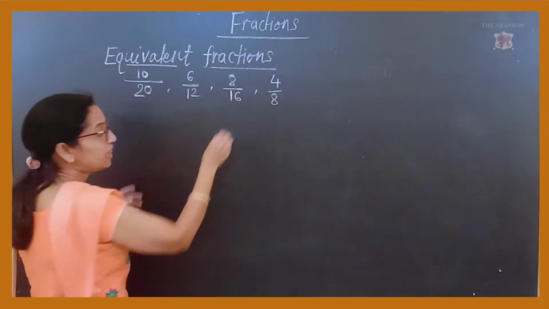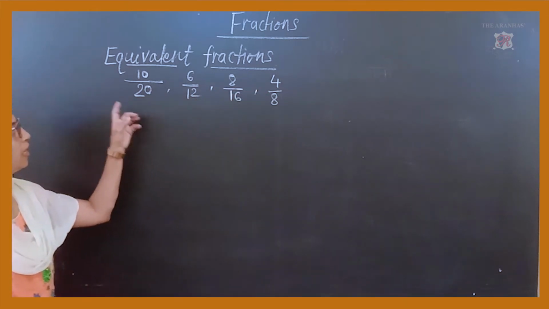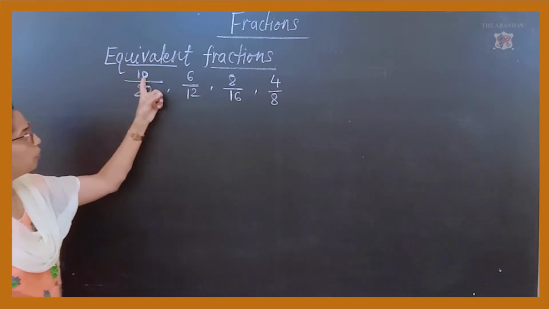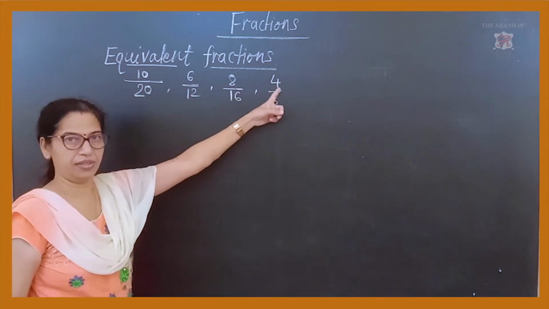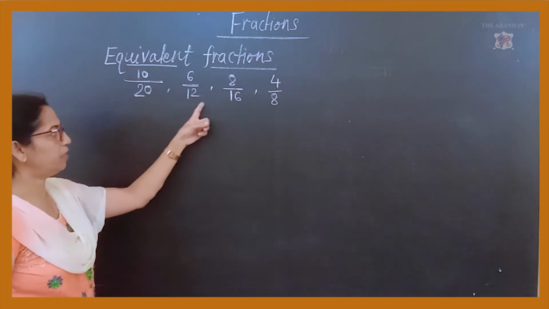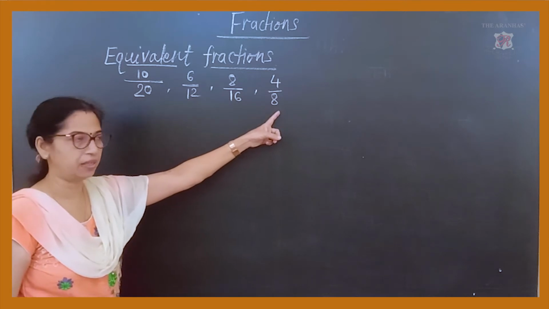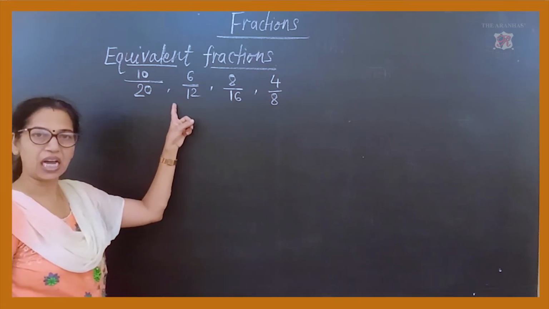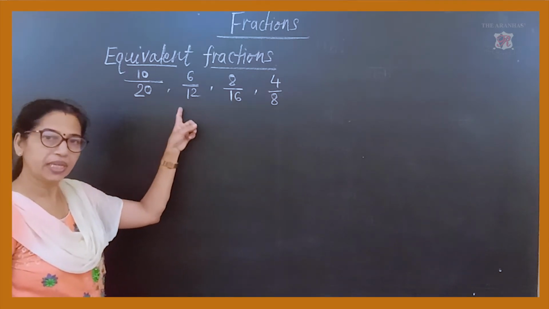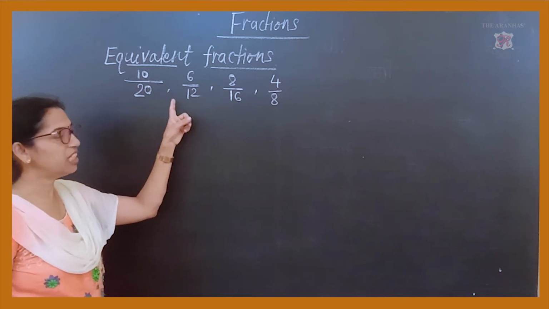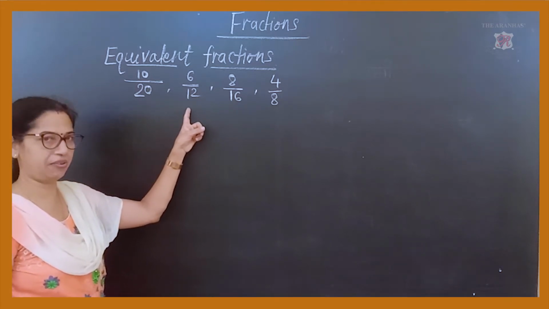Now, in these fractions, if you observe, the numerators are different as well as the denominators are also different. But still, these are equivalent. But then how can we find out these given fractions are equivalent?